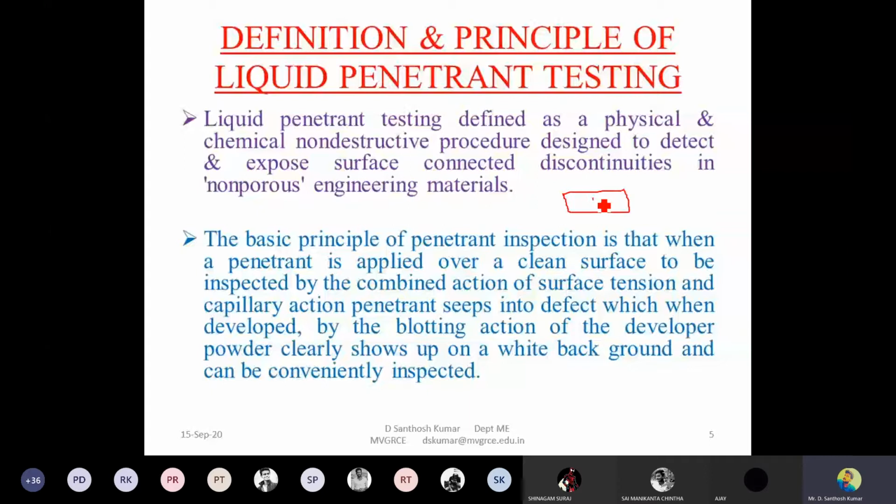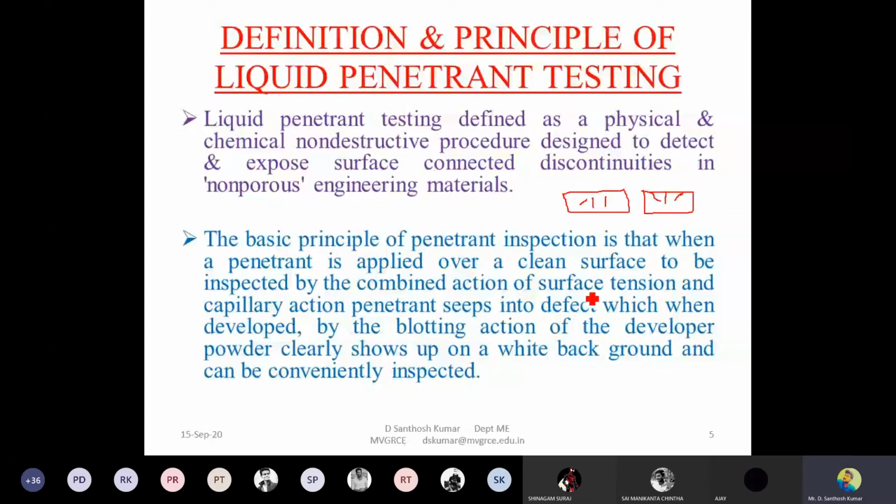It is not possible. In which situation do you use it? If the crack is like this, simply open to the surface, then only you can use the liquid penetrant test.